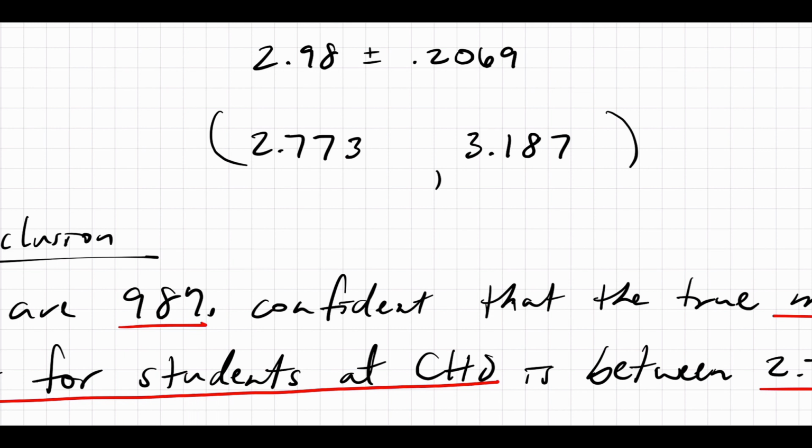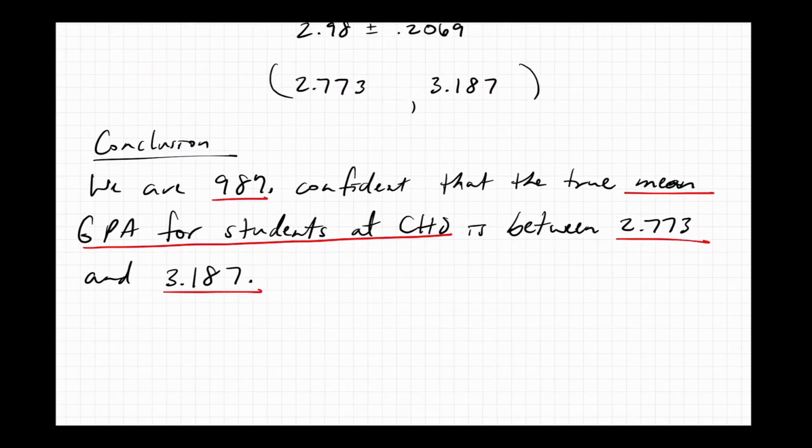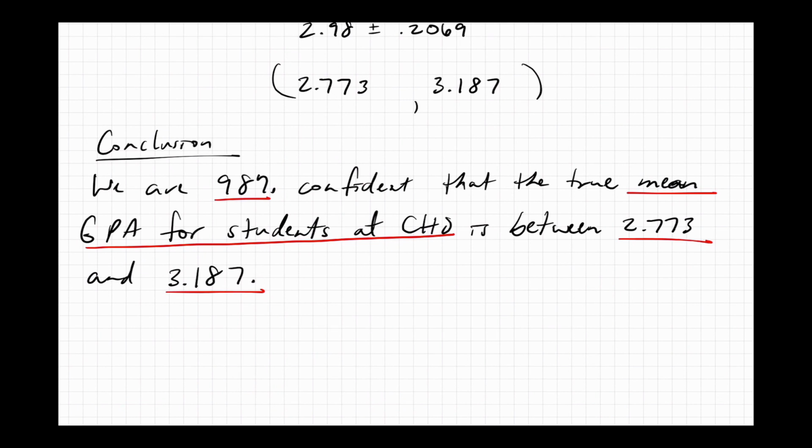We either say we have enough evidence to say you're wrong, or we don't have enough evidence to say you're wrong. We never say you're right. So to answer that question, I would say there is not sufficient evidence to deny the claim, or there is not sufficient evidence to say the claim is incorrect, because 3.15 is within the interval.